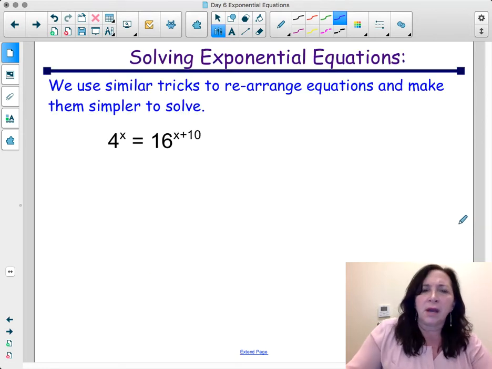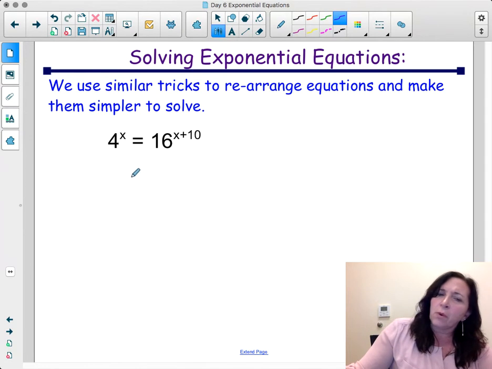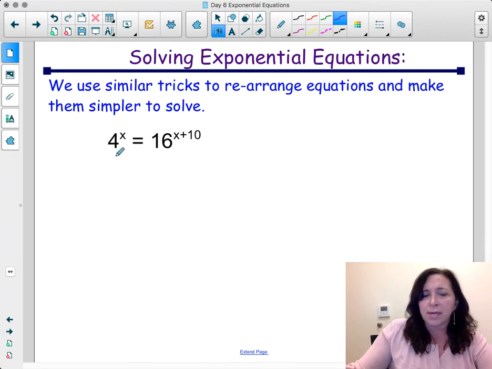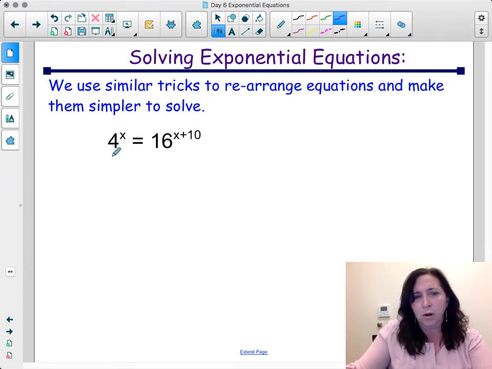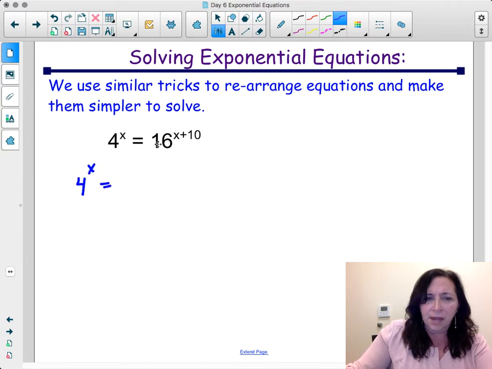Next problem, solving exponential equations, another problem like this, except in this problem, actually, we can leave our bases at 4. You don't have to change them to 2 because I know 4 and 4, I can get a 4 out of this, meaning this can be 4 to the x power, and this would be 4 squared to the this power, which is the x plus 10 power.